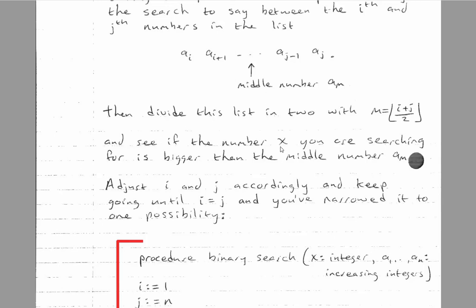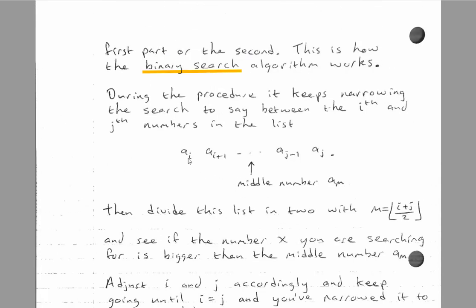Once you have that middle number, compare it with the number you're searching for, x. If x is bigger or smaller, then you can adjust i and j. If x is bigger than this middle number, then move i up to m, or maybe m plus 1.